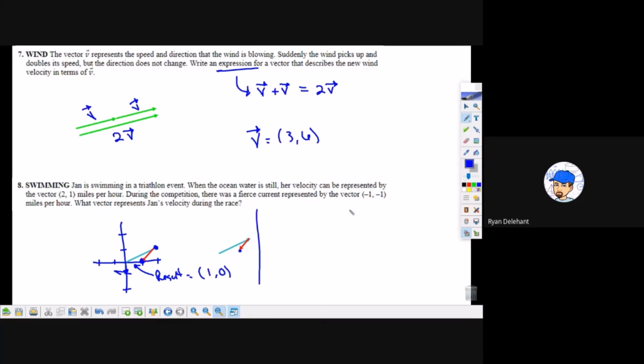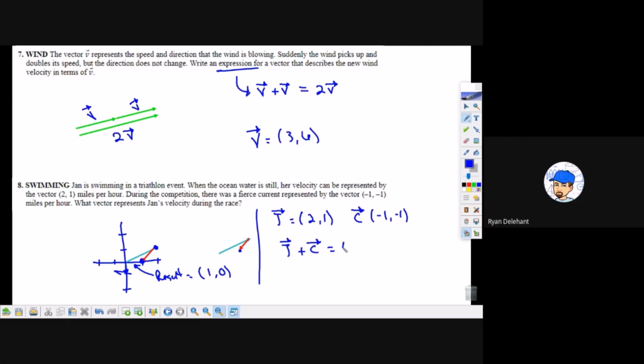Now, I did that graphically. I could actually do that algebraically. If Jana's vector is 2, 1, and the current is -1, -1, to figure out what the result would be, I can add those two things together.